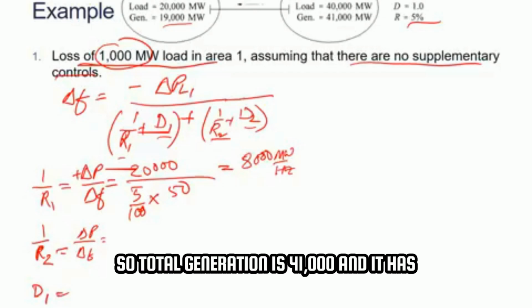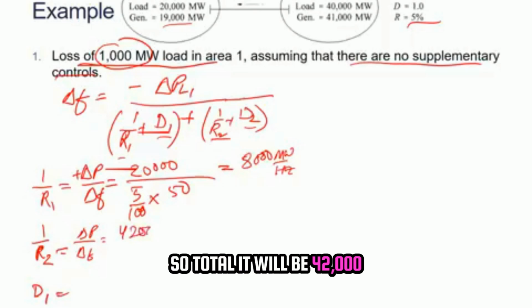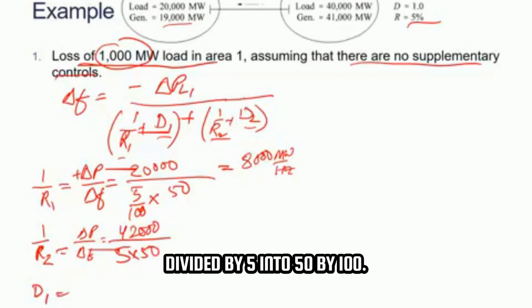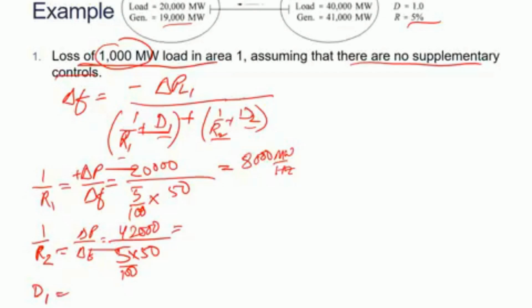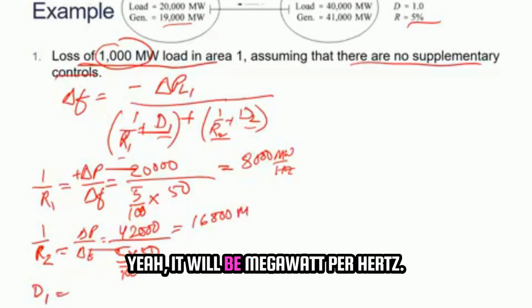Total generation is 41,000 and it has 1,000 megawatt of spinning reserve, so total it will be 42,000 divided by 5 into 50 by 100. What will be this value? 16,800. Okay, it will be megawatt per hertz.